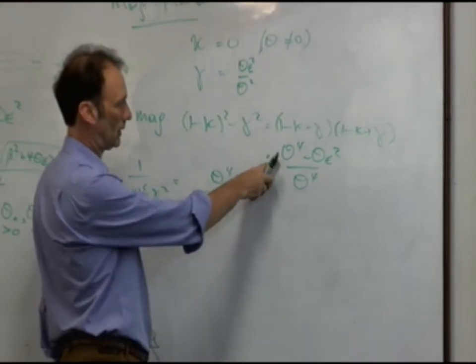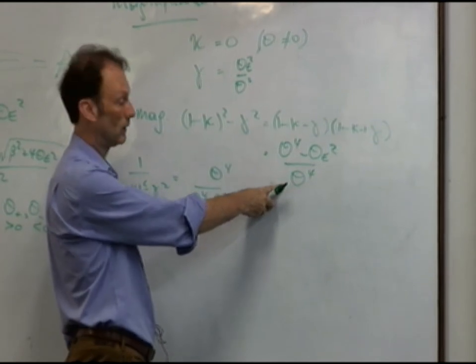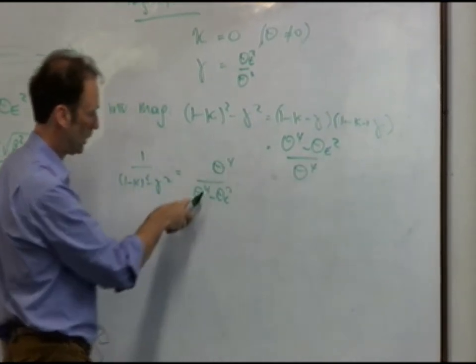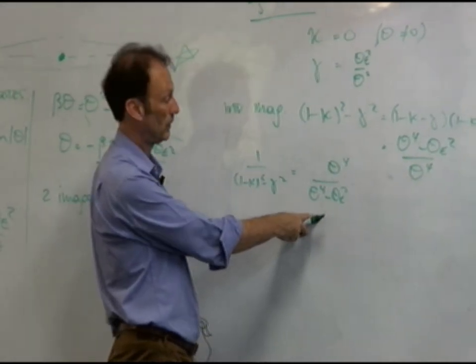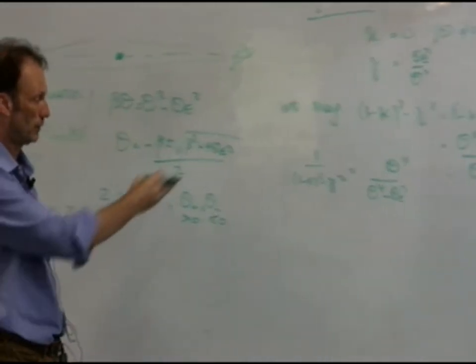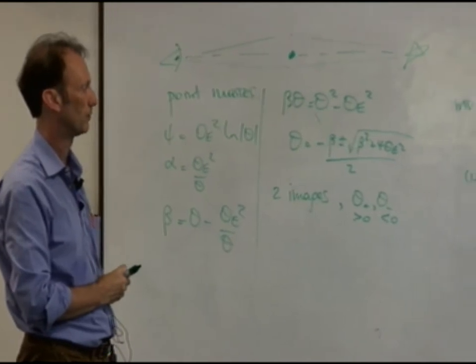So as before, at large angles, the magnification goes to 1. And when you're at the Einstein radius, the magnification goes to infinity. Right? Same thing as with the singular isothermal sphere, but just a slightly different functional form.